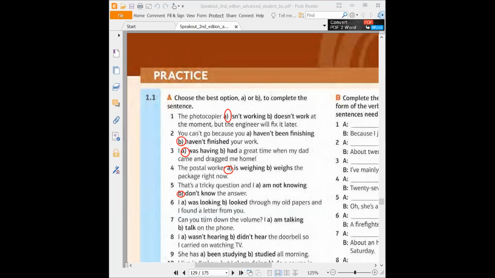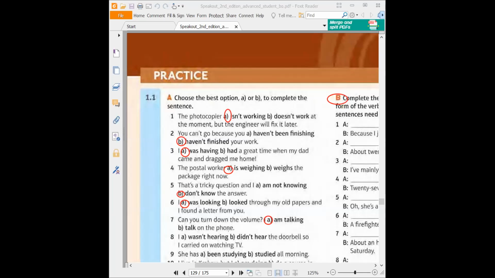A, I was looking. This is very easy for you guys. Let's do it very fast, and I will leave B for you to do at home. Okay, 7. Can you turn down the volume? I am talking, or I talk on the phone. I'm talking. Okay, now 8. I wasn't hearing, I didn't hear the doorbell, so I carried on watching TV. B.